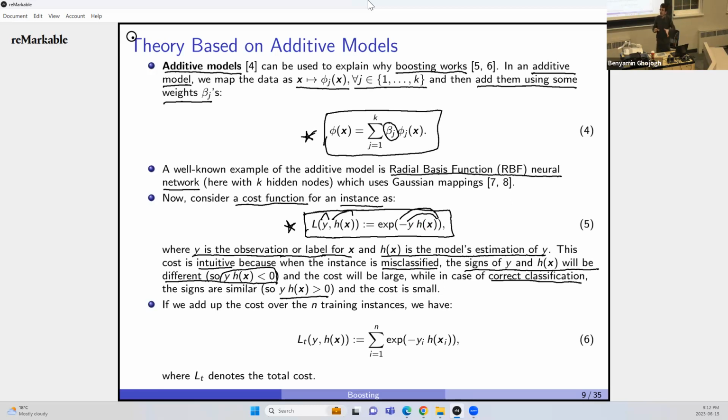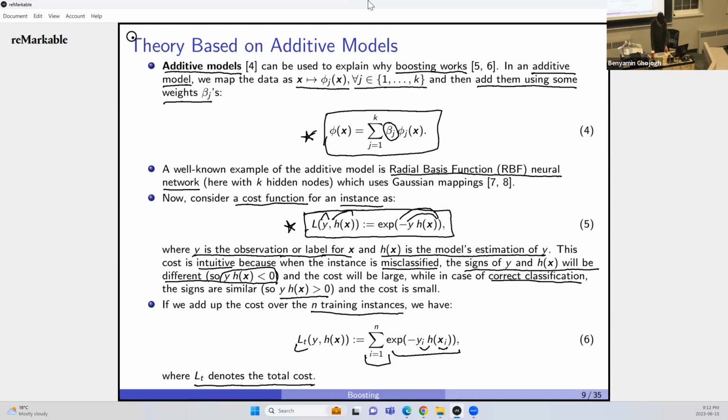For misclassification, it is large. For correct classification, it is low. Okay. Now, if we add up the cost over n training instances, we have a summation over this cost. And now we have yi and xi because we have several points, right? And this is denoted by LT, which is the total cost.